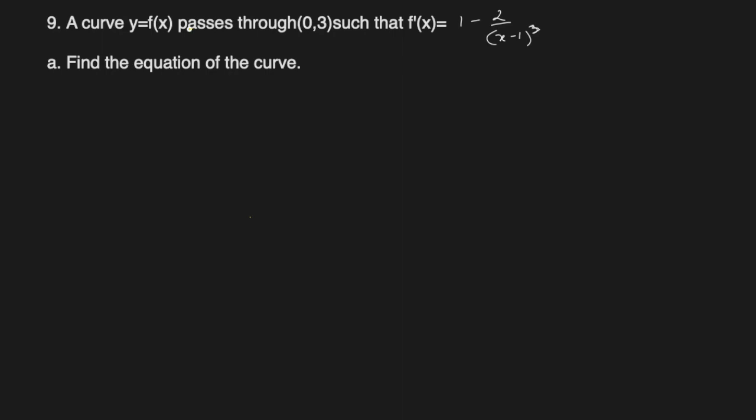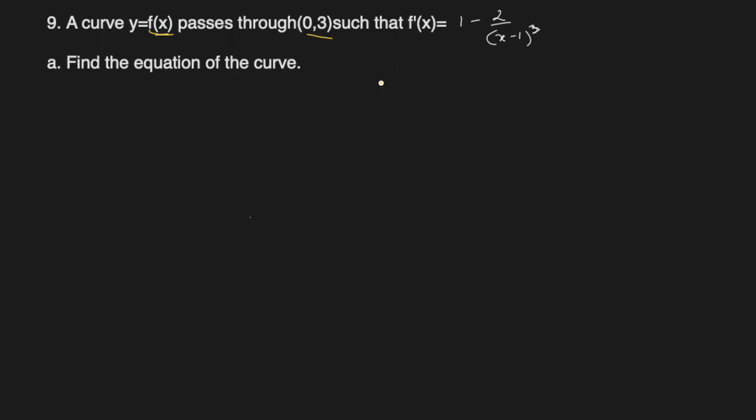Question number 9. A curve y equal to f(x) passes through the point (0, 3) such that its first derivative is this. Find the equation of the curve. So from the first derivative, if we want to find the equation of the curve, which is f(x), we'll have to integrate this.